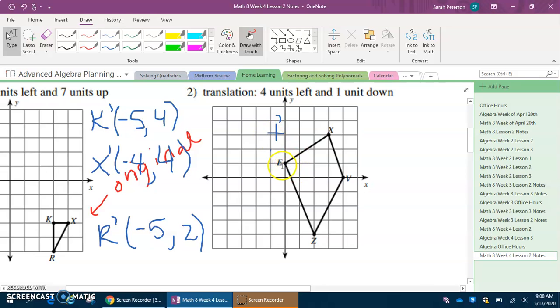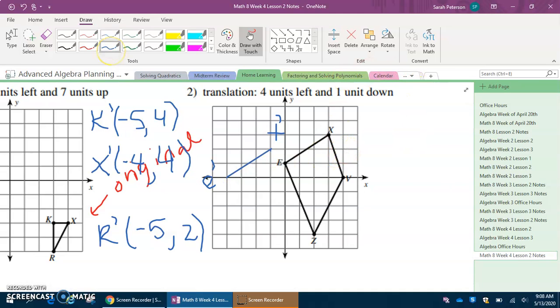Then I'll do the same thing with E. 1, 2, 3, 4, 1 down. That would be E prime. And then I can connect those just to kind of see my shape here a little bit. Okay, perfect.